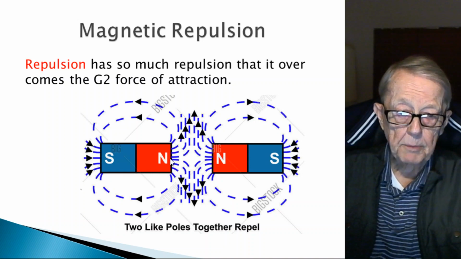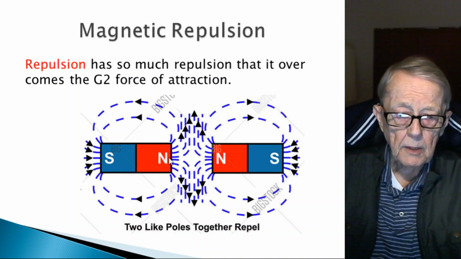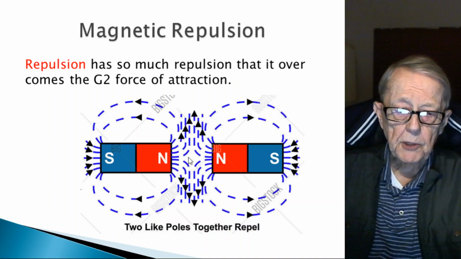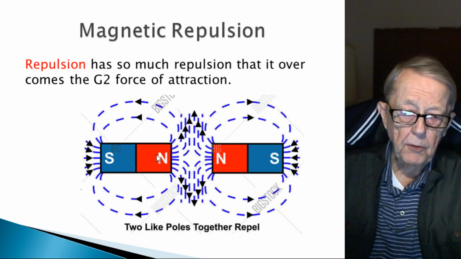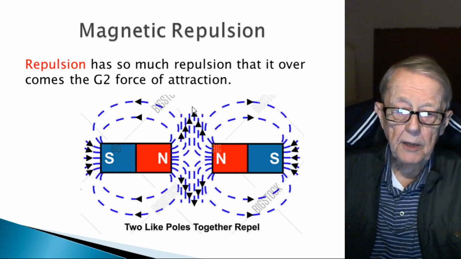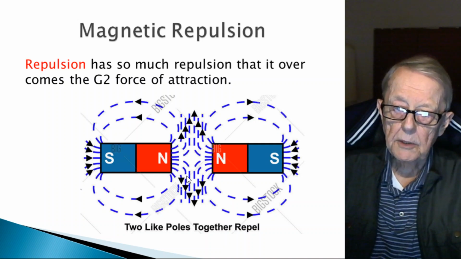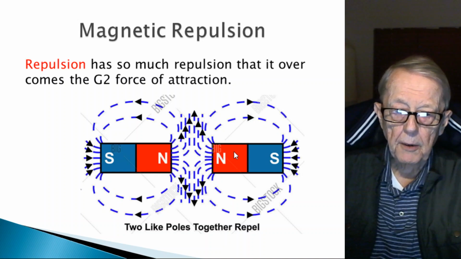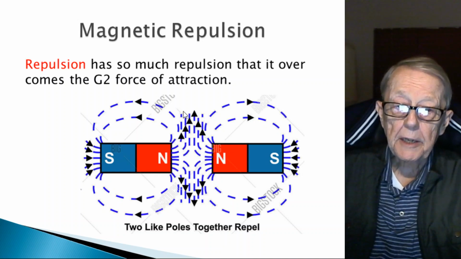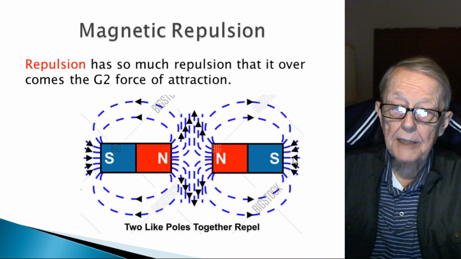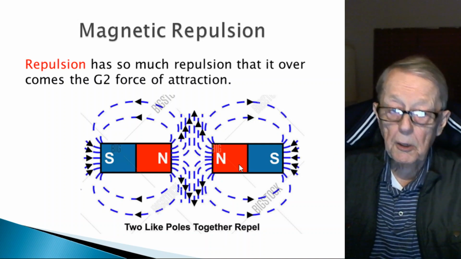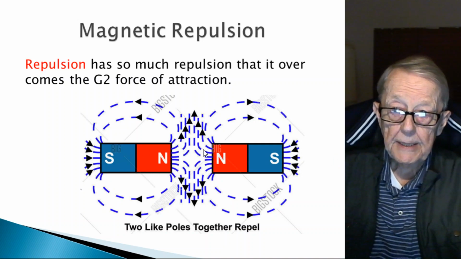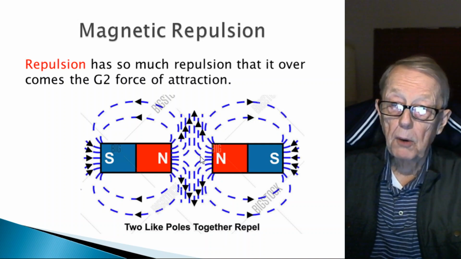Particles flow opposite to current. But the diagram shows it nonetheless. When they both are coming out at each other, there's a huge repulsive force because they're hitting directly at one another and they push apart. But this huge force is pushing against the G2 gravity that's still pushing them together. You can't separate it. They're both there.